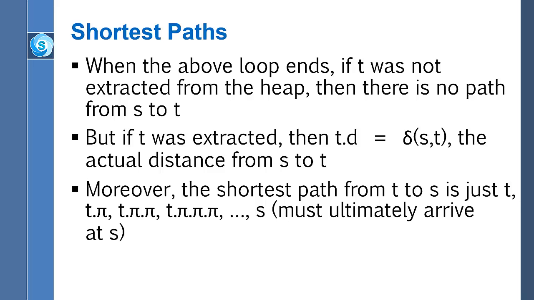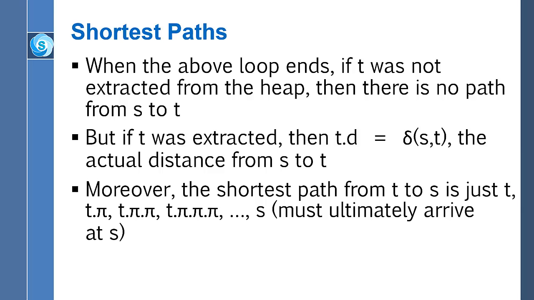And here's why. Consider this sequence of vertices. Starting with T, consider T dot pi. Well, T dot pi is another vertex, right? And then consider T dot pi dot pi, that would be the dot pi of T dot pi.